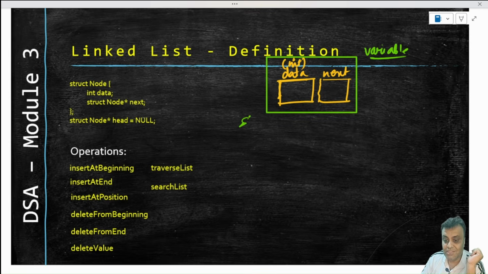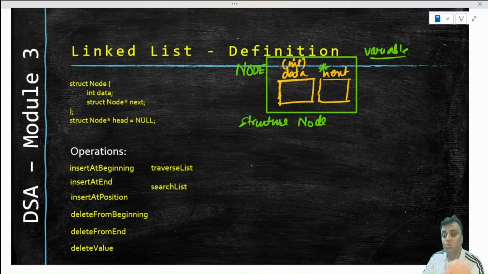So this is a structure of what we call a node. We will call this particular block a node, which contains two standard things: data, that is the payload, and a next pointer, right? And why is this next pointer a pointer? Because it is storing the address of the next node. Address is stored inside a pointer, so it has to be a pointer.